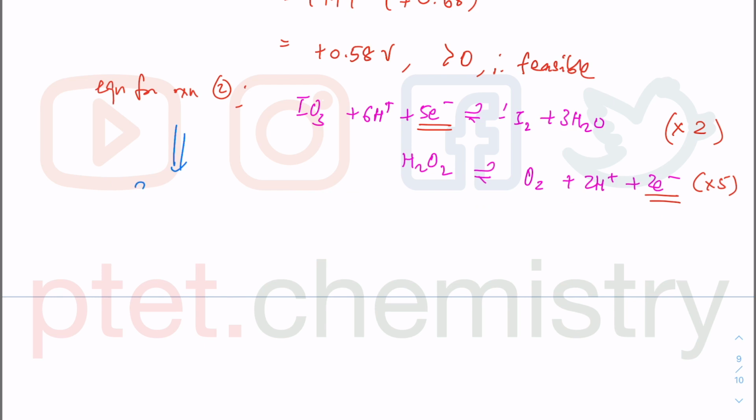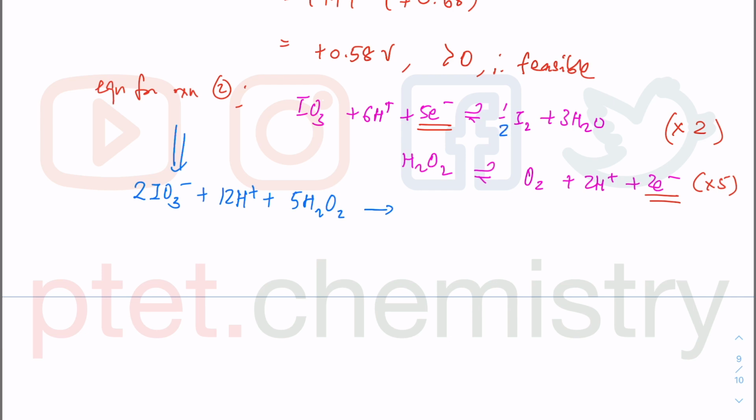What do you have? You have 2IO3 minus plus 6 times 2, which is 12H plus, and then you would have 5H2O2 going to 2I2. Is there a half there? Yep, there's a half there.